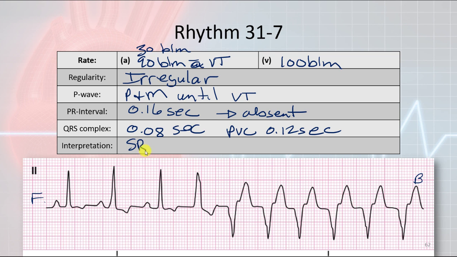You have a sinus rhythm. And then what happened? A PVC occurred. And then it went into a sustained VTach. This would clearly define exactly what's going on in this rhythm: a sinus rhythm with a PVC into a sustained VTach.